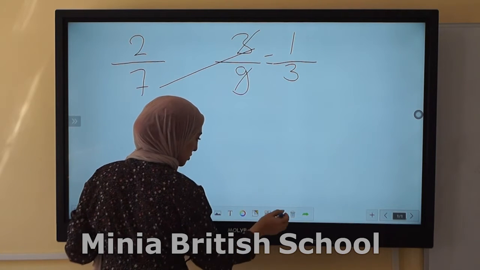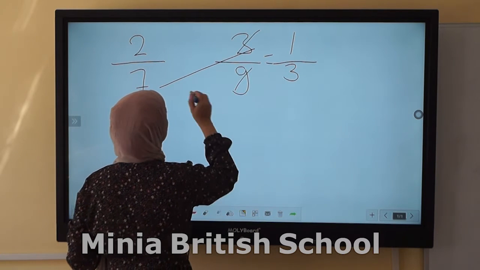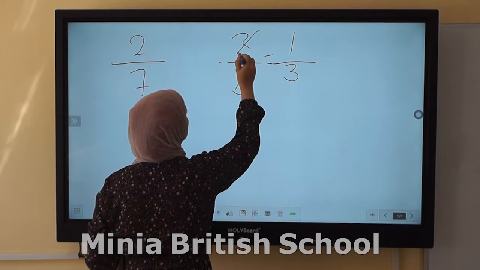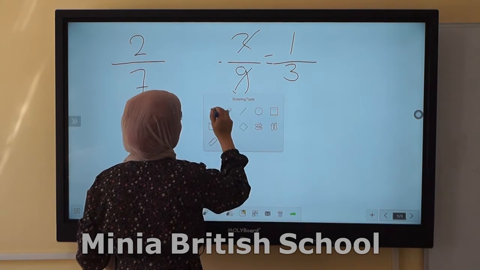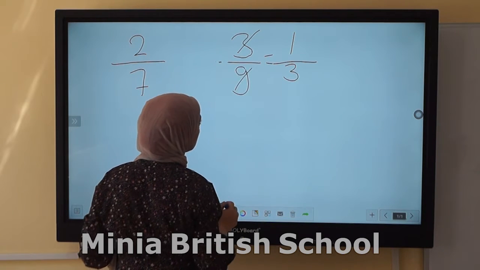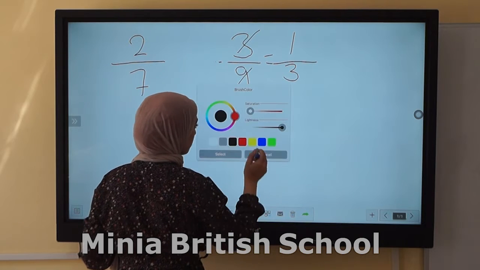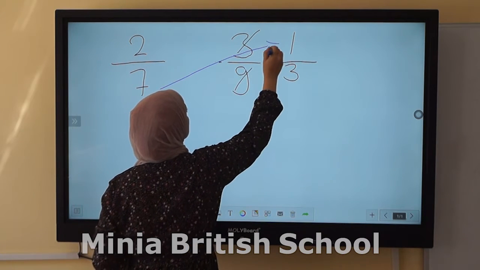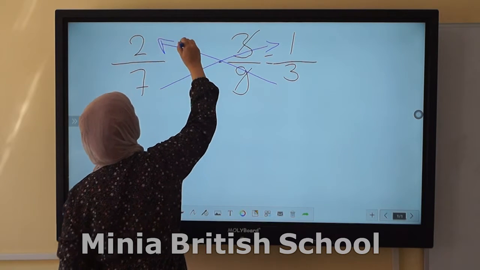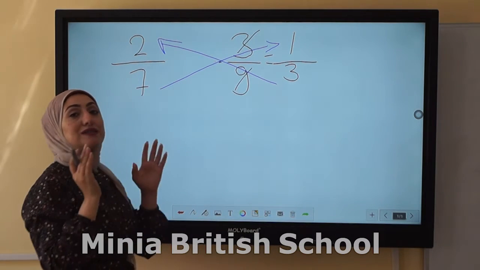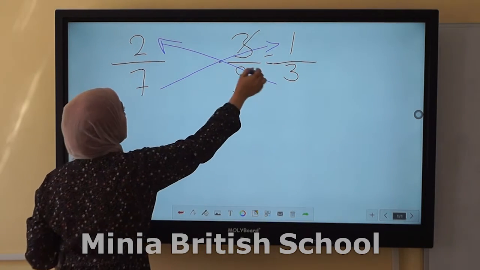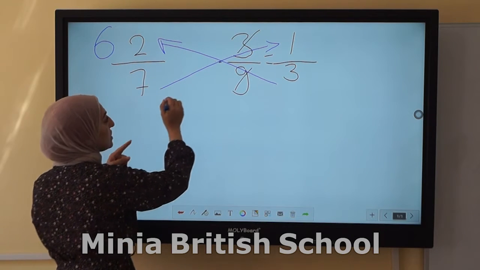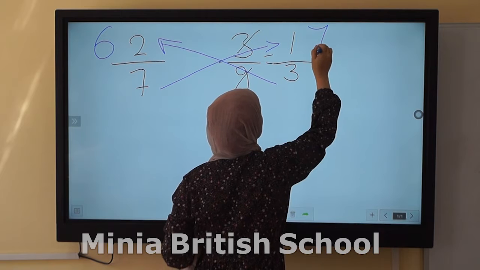I deal with them by scissors, okay, 3 times 2 equals 6, and here 7 times 1 equals 7.